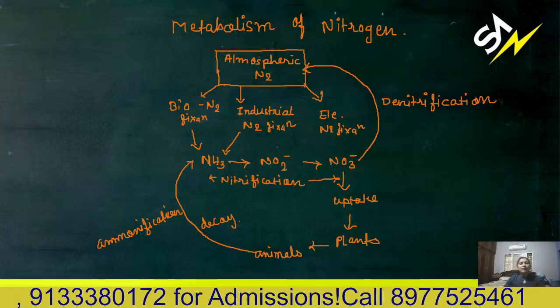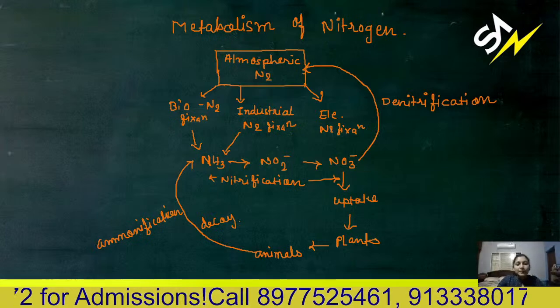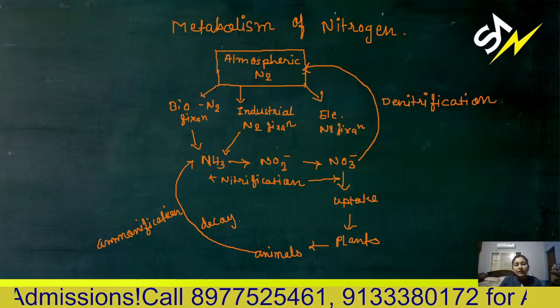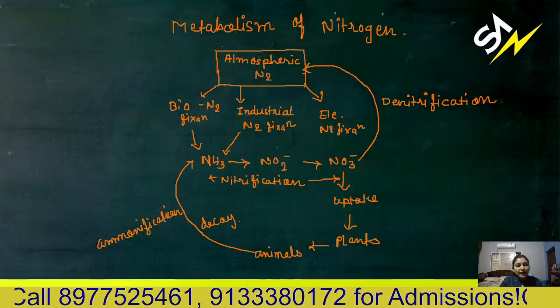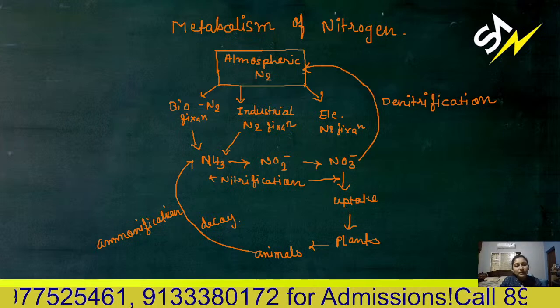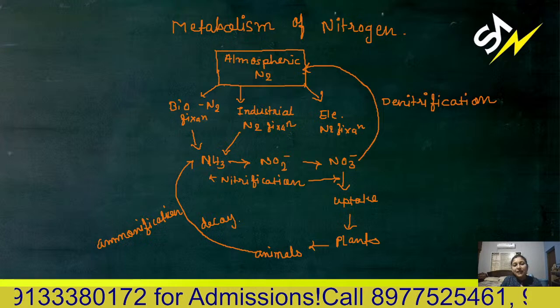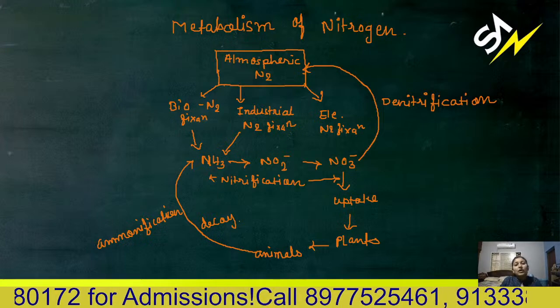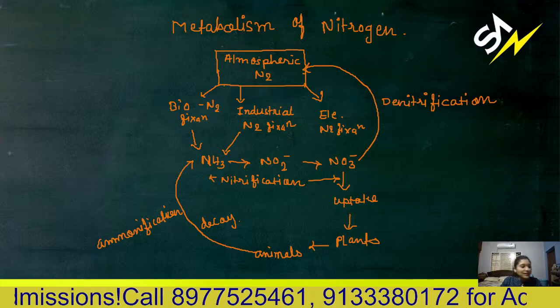Plants can uptake nitrogen only in the form of nitrates. Plants are eaten by animals, and both undergo decay, which results in ammonification, the release of ammonia. In some cases nitrate is converted back to atmospheric nitrogen, which is known as denitrification.